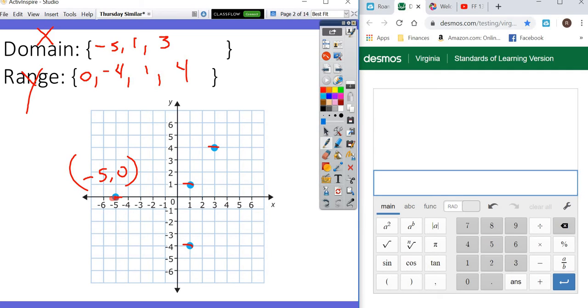This point down here is (1, -4). This point here is (1, 1). And this point here is (3, 4). So your domain is your x values: -5, 1, and 3. Your range is your y values: 0, -4, 1, and 4.